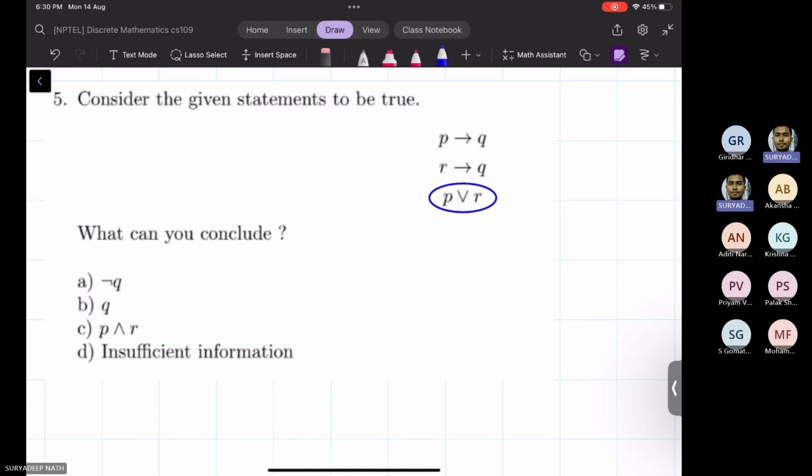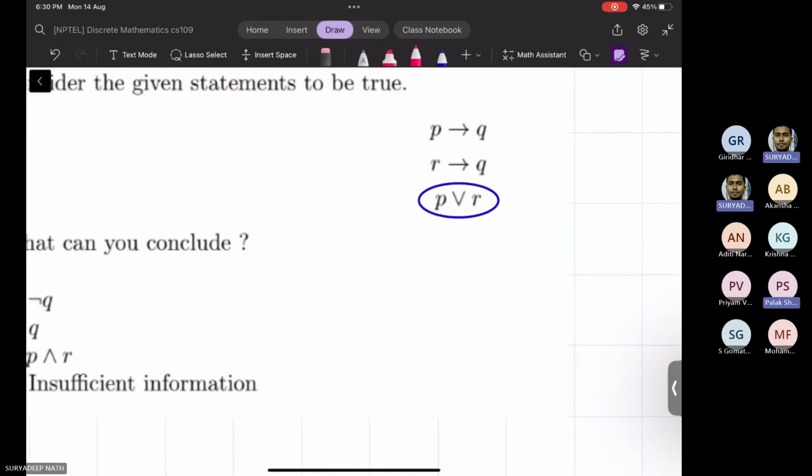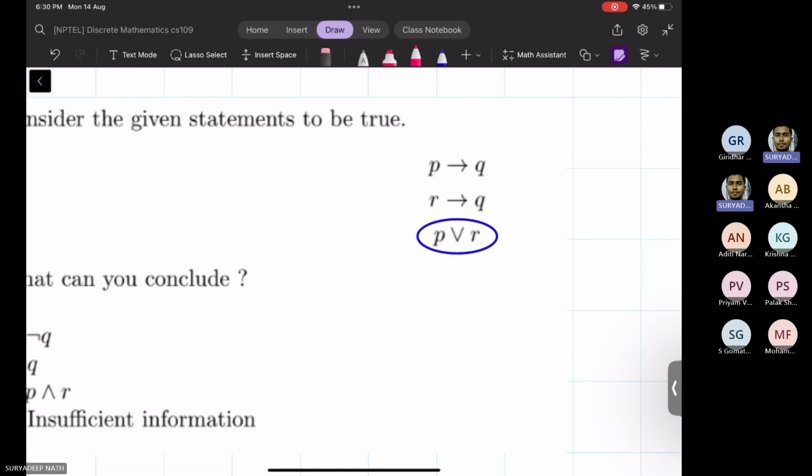Okay, you're right. So I'll explain it once again for everyone. Like Aditi said, before looking at these implications, we'll look at this normal statement, that P or R. When do you think that P or R is true?